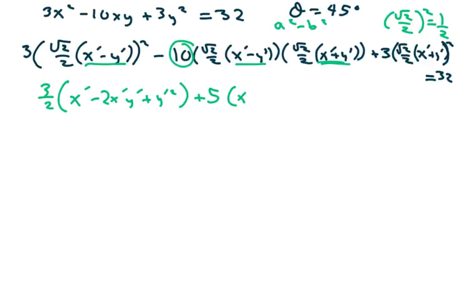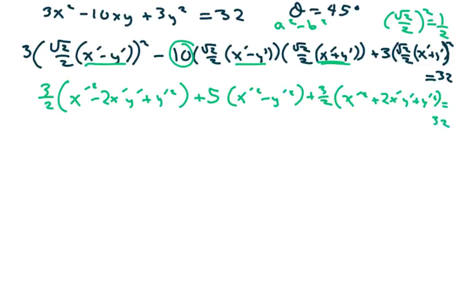So that's going to be x prime squared minus y prime squared plus 3/2 again. And then it's going to be the same as this first thing, but with pluses. Oh, this should be a squared. All right, so we have x prime squared plus 2x prime y prime plus y prime squared equals 32.